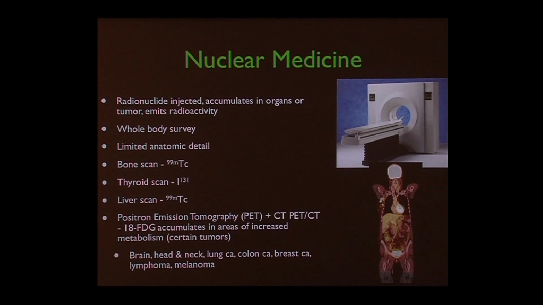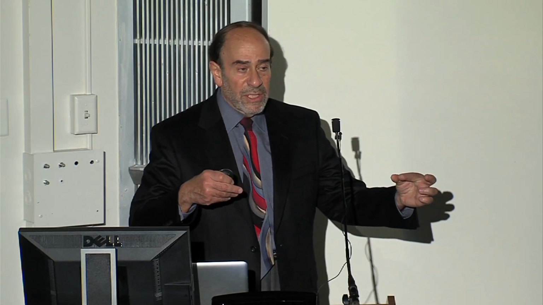It goes to areas where there's a lot of metabolism. It's really a sugar-based radioactive material that goes where there's metabolism, but it doesn't have great spatial resolution. So we would do a CT, and then a few days later, you do a PET scan, and you try to guess where the abnormality is on a PET scan relative to the anatomy seen on CT.